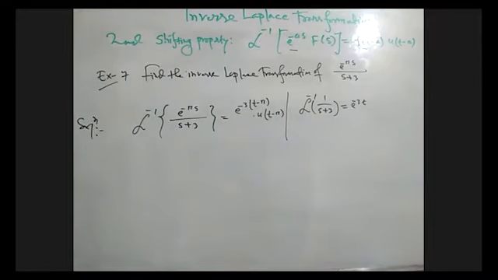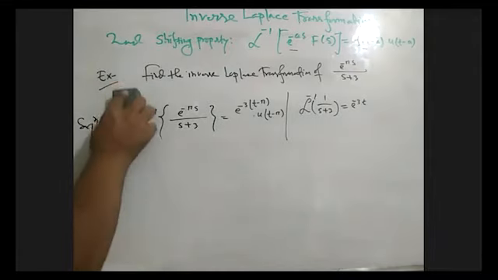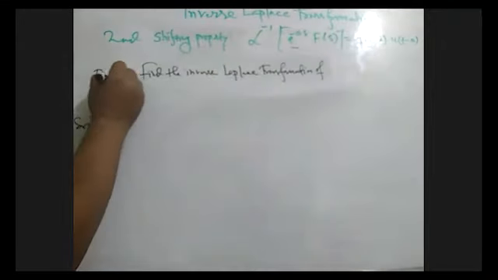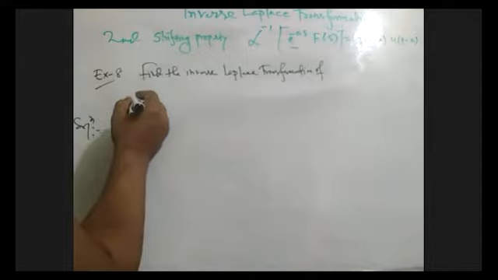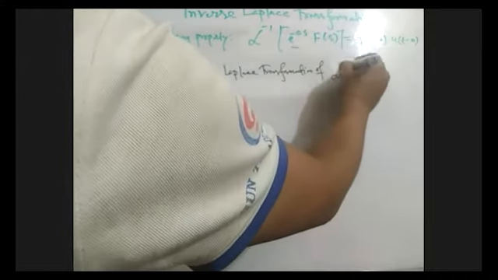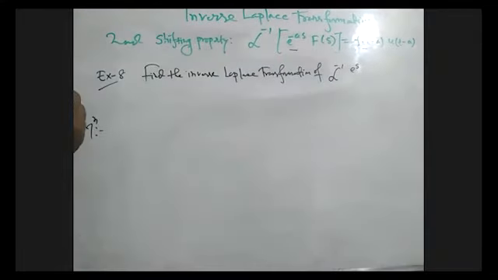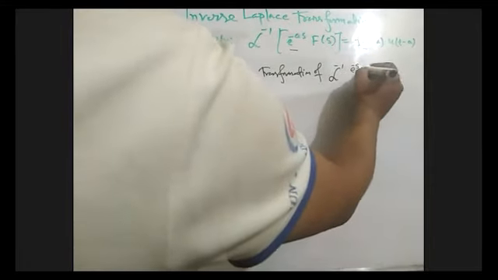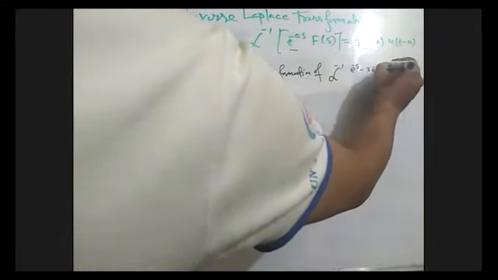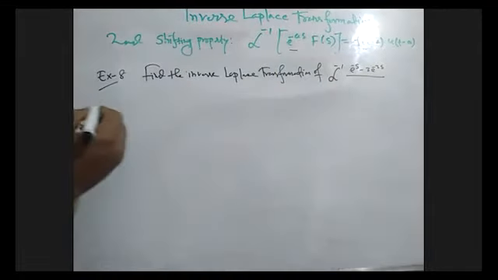Now we can find another example, example 8. Suppose we have the inverse Laplace transformation of e to the power minus s minus 3 into e to the power minus thrice s, divided by s square.